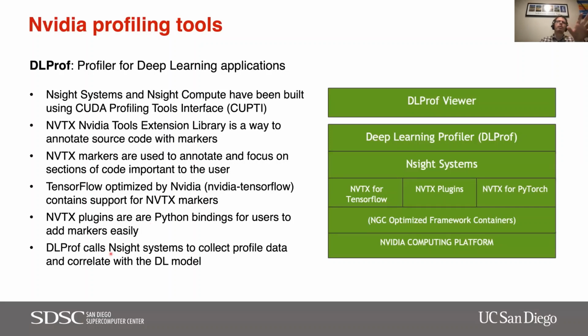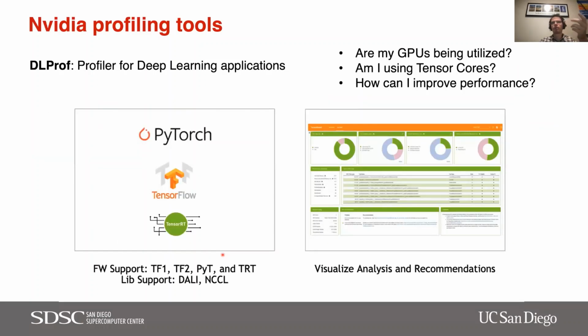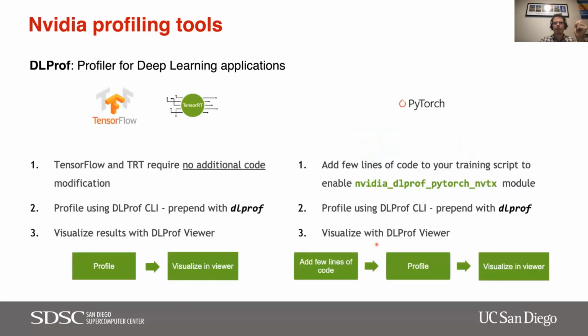And DLProf itself calls these Nsight Systems tools to collect profiling data and correlates it with a deep learning model. So if you have a deep learning application, you can also do some profiling. And you can get information about, are my GPUs being utilized, or do I do a lot of data transfers? Am I using the Tensor cores, yes or no? If not, what's the reason? Can I switch those on? How can I improve performance? So there's a lot of information like that.